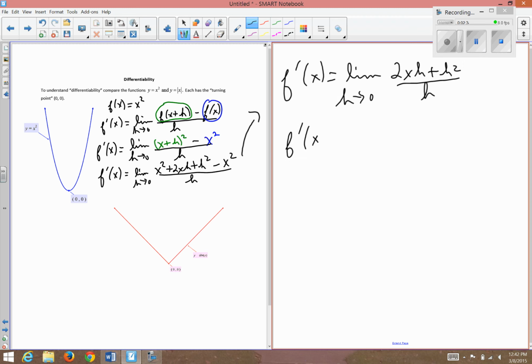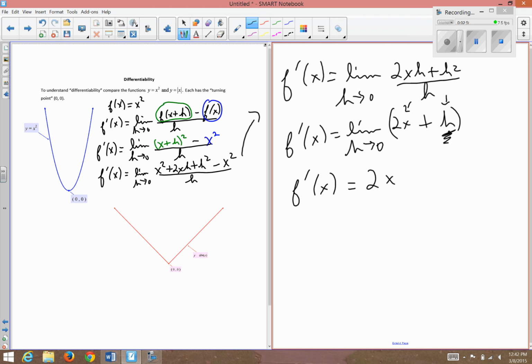F prime of x equals the limit as h approaches 0 of 2x plus h. 2xh divided by h is 2x, and h squared divided by h is h. And the limit as h approaches 0 is 2x, because h is approaching 0. This means the derivative anywhere on this blue path is 2 times x.